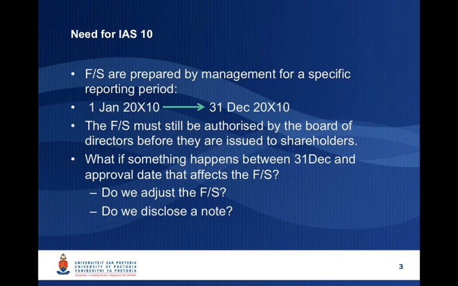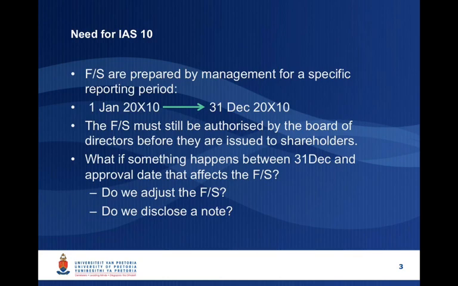So the problem is, what if something happens between the 31st of December and the approval date? Will it affect the financial statements, or do we only disclose a note? For example, your financial year is from 1st of January 2010 till the 31st of December 2010, but your financial statements only get authorized on 1 March.